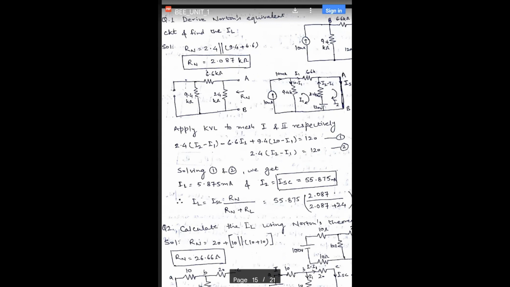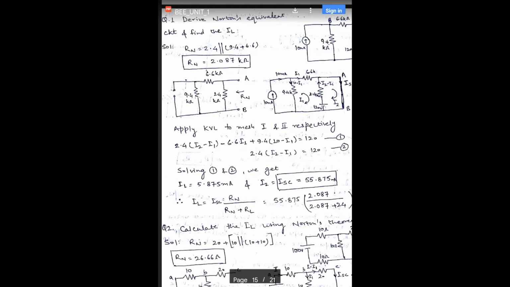Similarly, if the current source is given and the magnitude of the current is in milliamperes, then it is to be mentioned clearly. So this thing is to be taken care of. At the end, you can either convert into the SI system or leave it as it is.